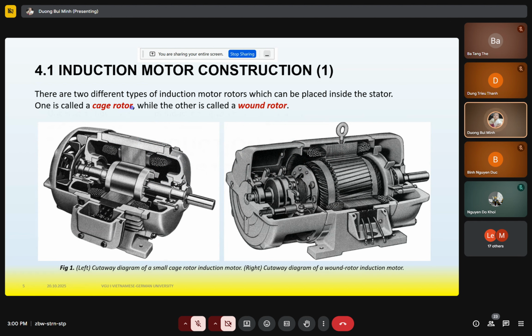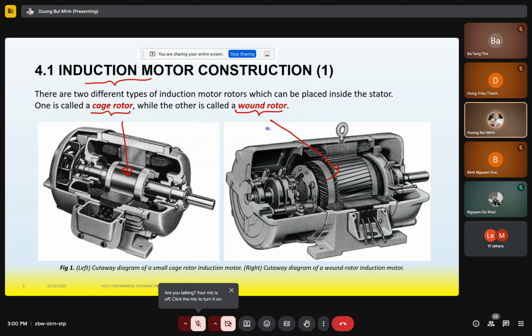For induction motors we have two kinds of rotors. The first one is the cage rotor and the second one is the wound rotor. This one is the cage rotor, this one is the wound rotor.